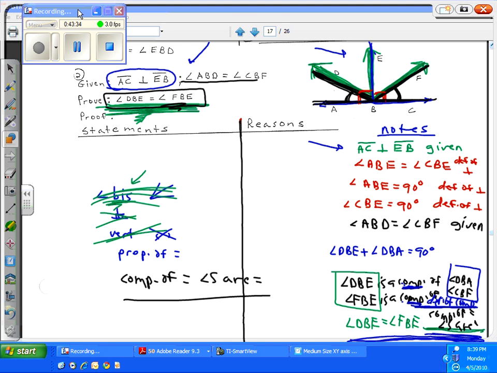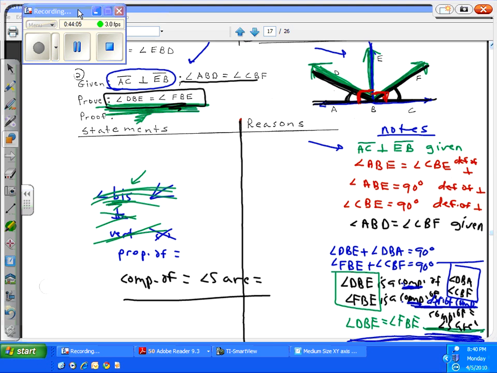So we would need a statement that says that angle DBE plus angle DBA is equal to 90 degrees. And a statement that says that angle FBE plus angle CBF is 90 degrees, but we need a reason for that.